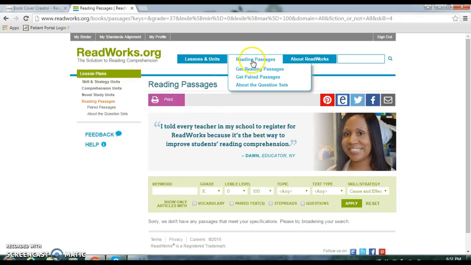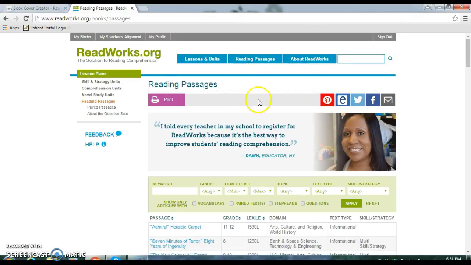To find a reading passage, you can go to the reading passages here, and this is where you can search for any kind of skill or strategy. With our Journeys curriculum, each week we reread our big books, and on that second read, on that close read, we are honing in on a certain skill or strategy.